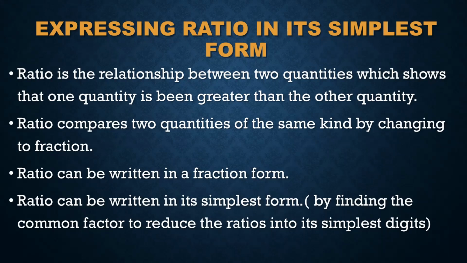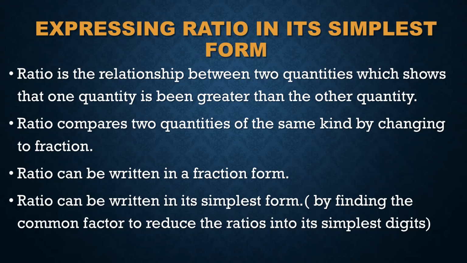Ratio can also be written in its simplest form by finding the common factor to reduce the ratio into its simplest digits. So when you have a given ratio, you can cancel to get minimum numbers. As far as you can change to fraction, the same thing you can also cancel a given ratio.